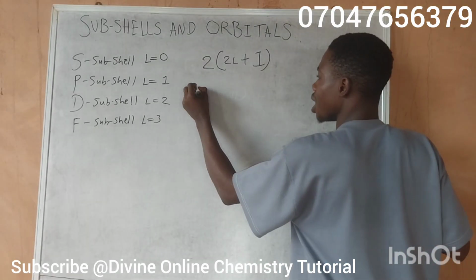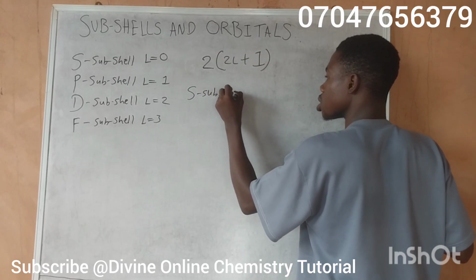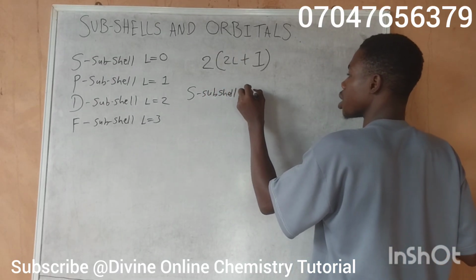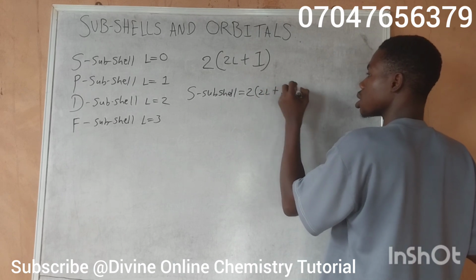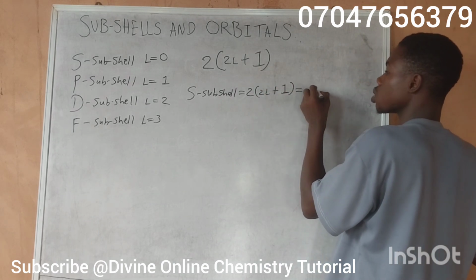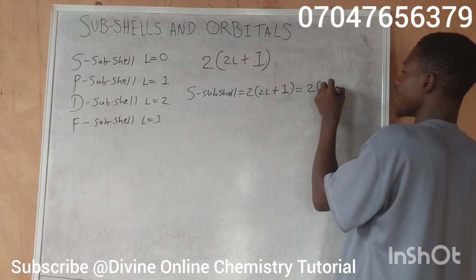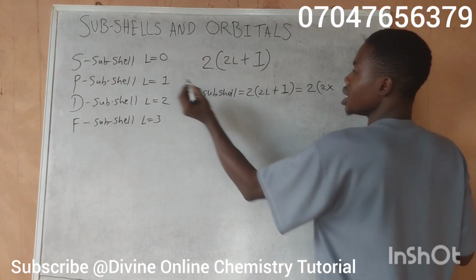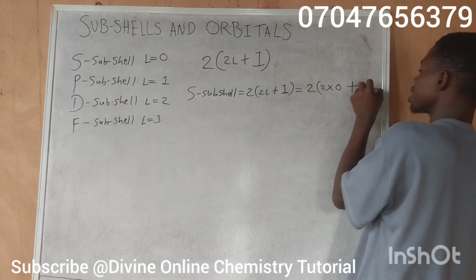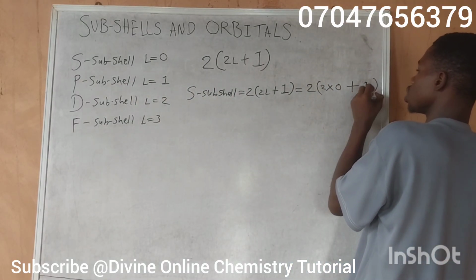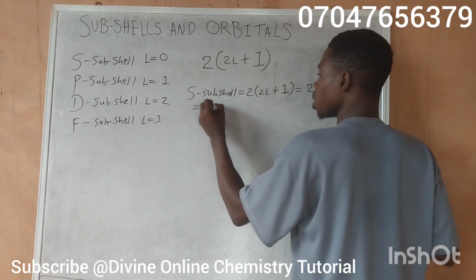So for the S subshell, we use the formula 2(2L + 1), which equals 2(2 times L + 1). Now L for the S subshell is 0. So it becomes 2(2 times 0 + 1).